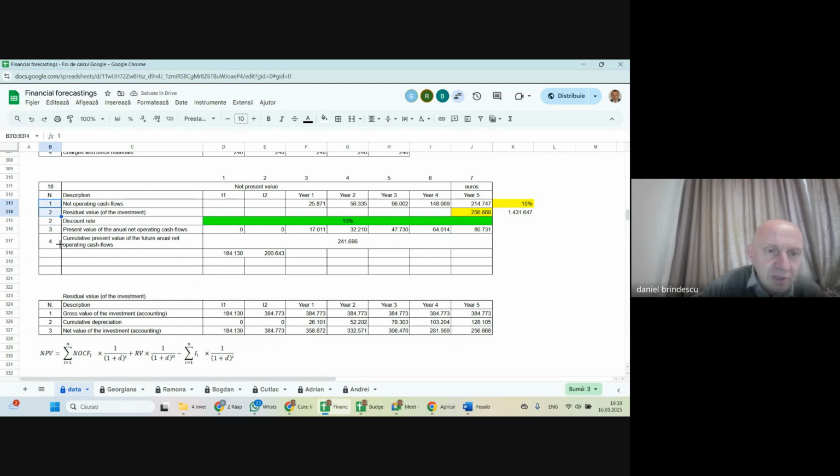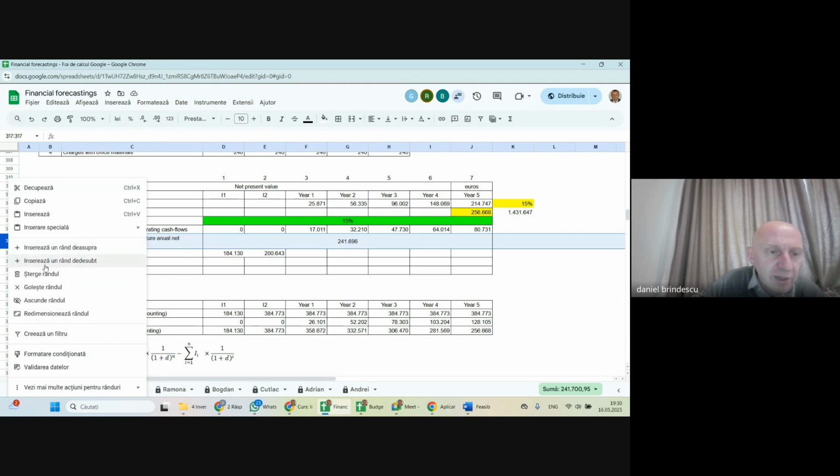Now we have the discount rate. We calculated the present value of the annual net operating cash flows. And now I want to calculate the present value of the residual value.